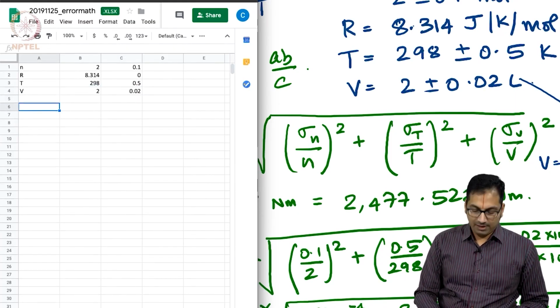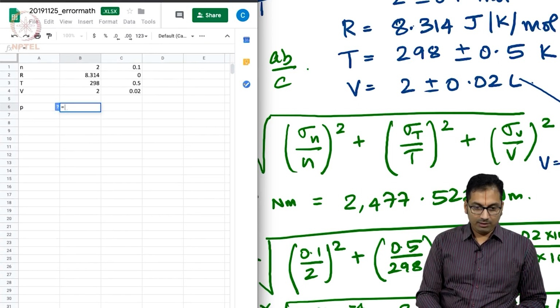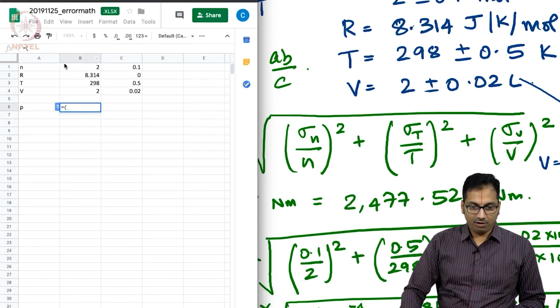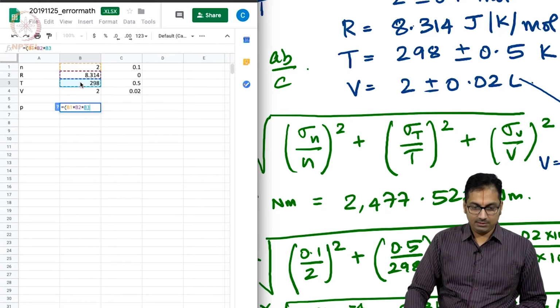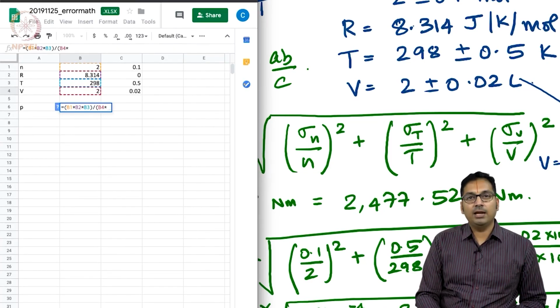So then we want to find the pressure, and pressure can be calculated by the product of N times R times T divided by the volume, but of course we have to convert the volume into SI units. As we just realized last time, 1 liter is 10 power minus 3 meter cube.